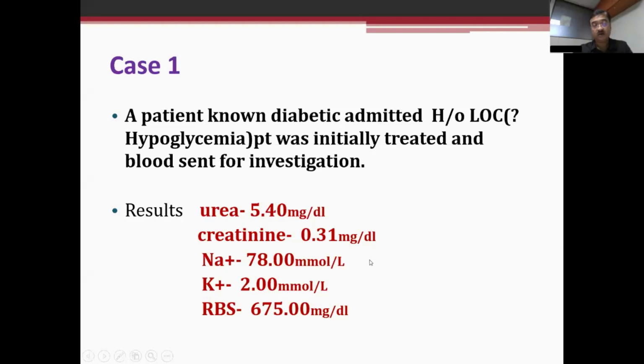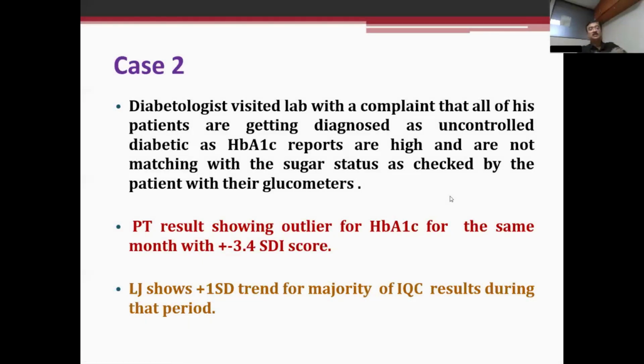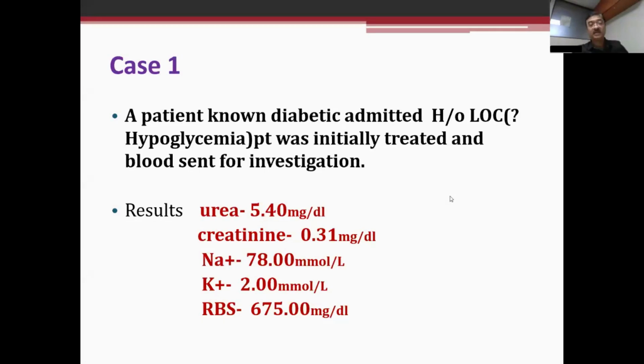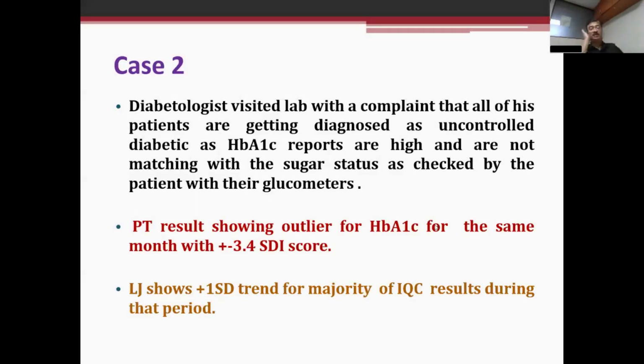Maybe sodium would have been 140, potassium 4, creatinine 0.6, urea 11 or 12. So this ended up diluting all other parameters and excessively showing random blood sugar. This happens when you are using an IV infusion or you are taking blood from an IV infusion. This is purely contamination by dextrose. Now, what kind of error was that? Obviously, absolutely a pre-analytical error.